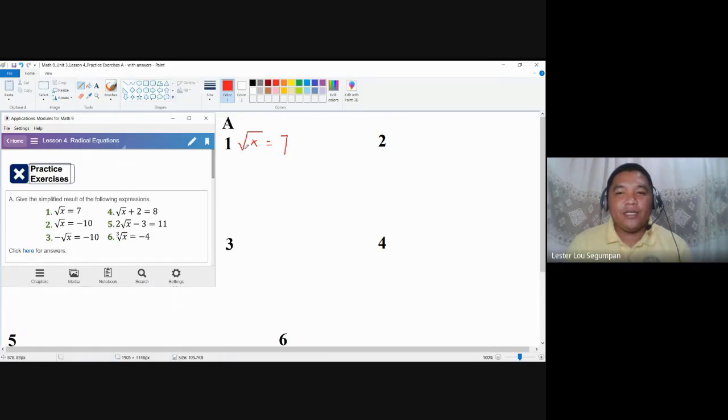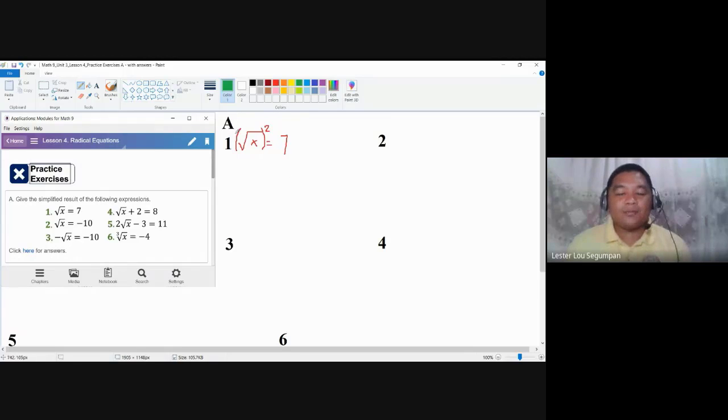The radical expression here has an index of 2, hence the name square root. To neutralize this, we simply need to square it, following the power law of radicals. I'm going to write this on this other side. You may check the other videos on simplifying radical expressions or rational exponents for a review.